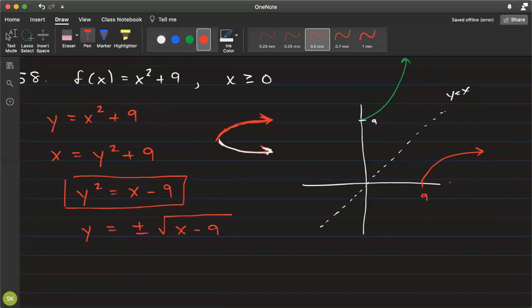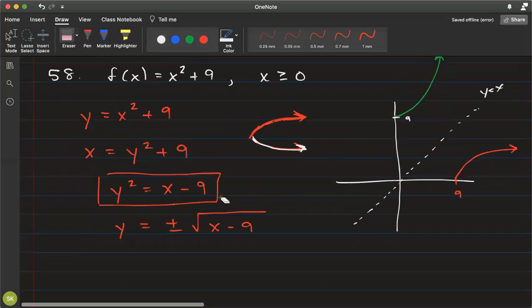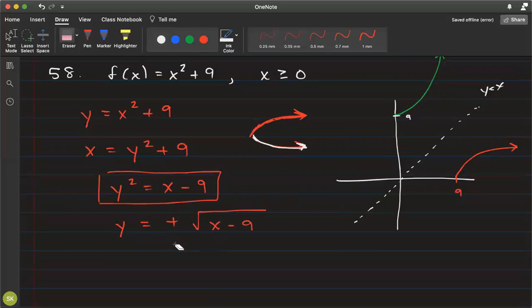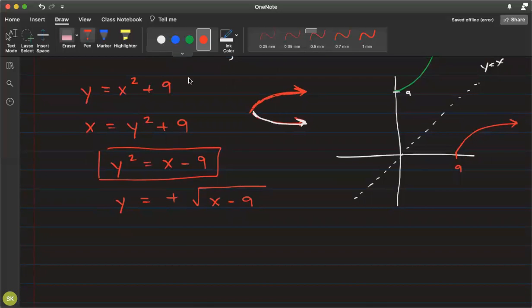Now, like I mentioned, this y squared actually looks like this, but we're going to get rid of a portion of this graph, and we're going to get rid of this bottom one because there's nothing over here. So we're just going to take the positive part of this square root. So the inverse function is going to be f inverse of x is equal to the square root of x minus 9.